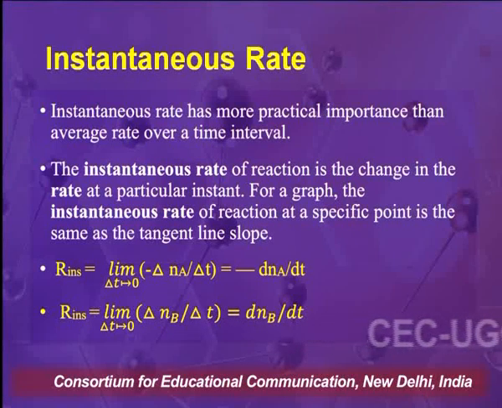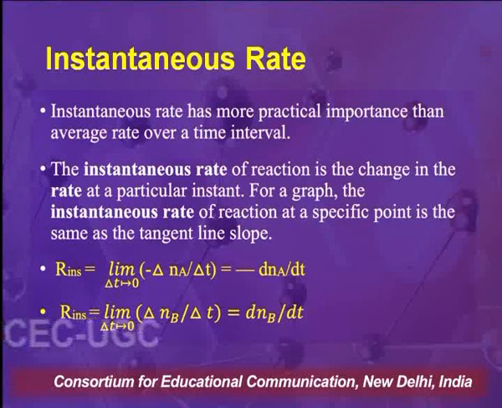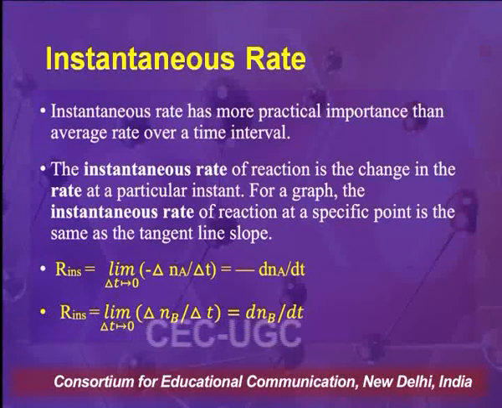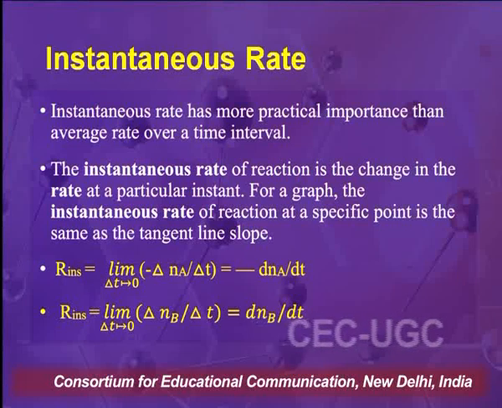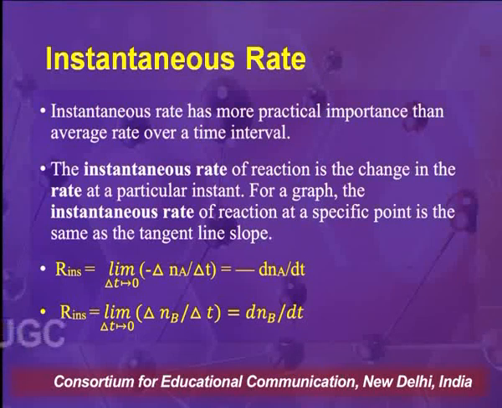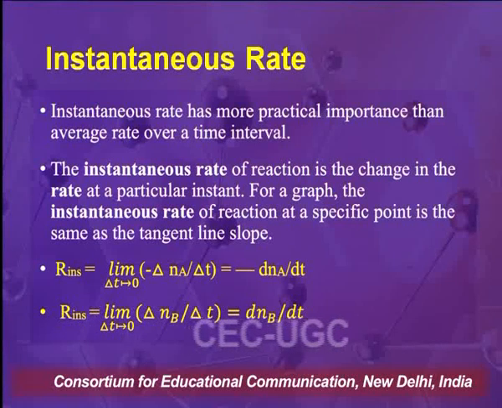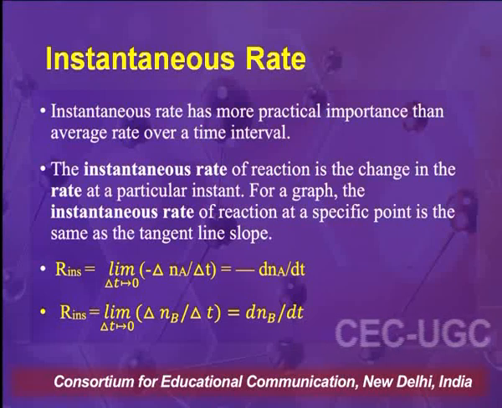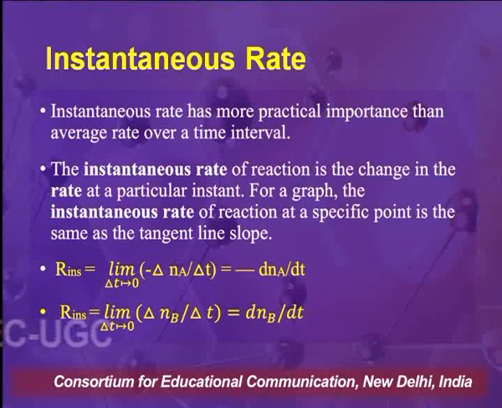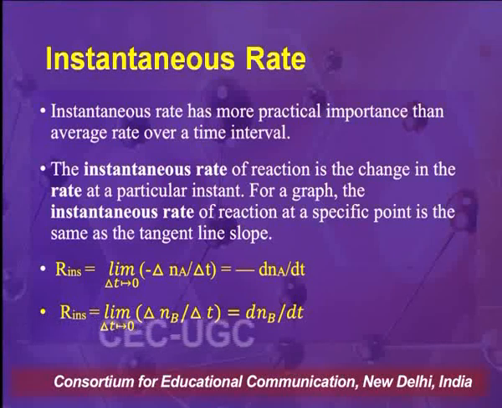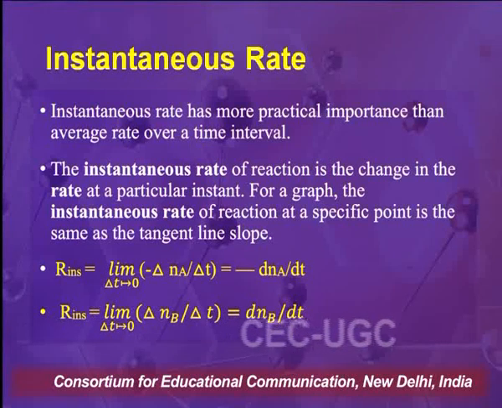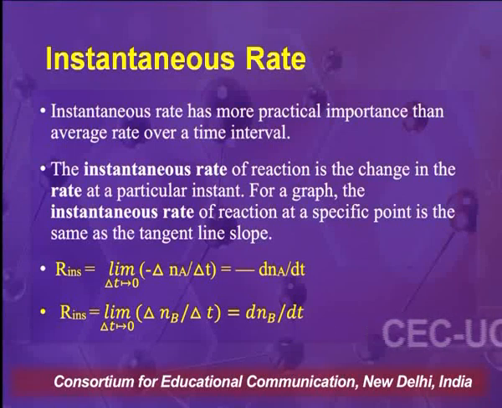R instantaneous can mathematically be written as the limit delta t approaches 0 of minus delta nA by delta t, which is equal to minus dnA by dt. In terms of the products, it can be written as the limit delta t approaches 0 of delta nB by delta t, which is equal to dnB by dt.